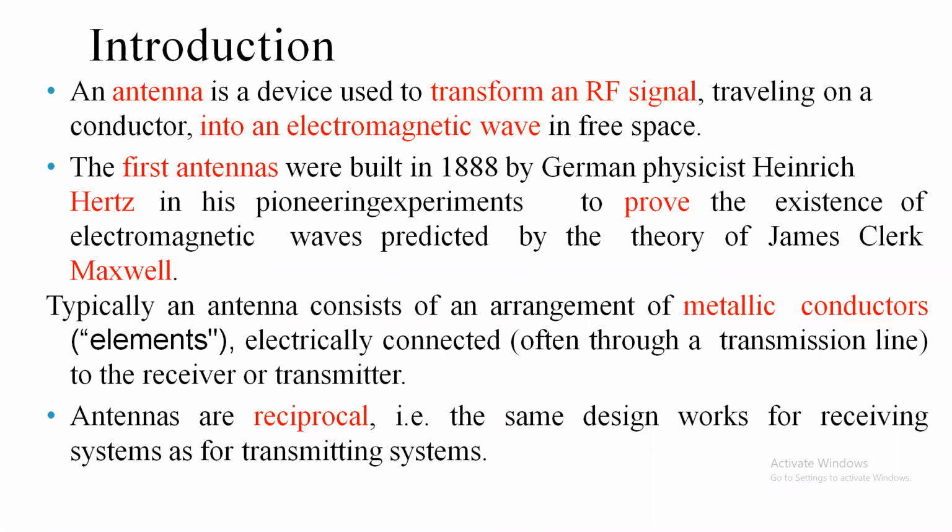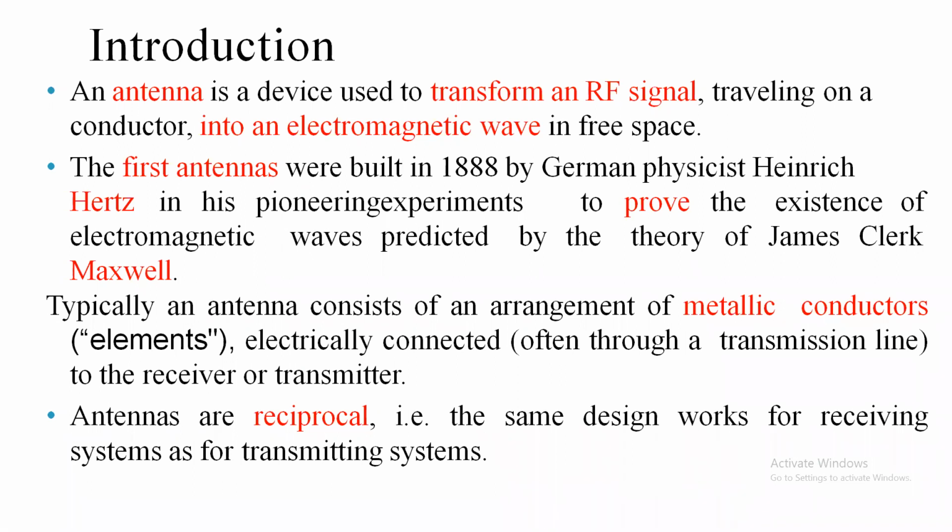An antenna is a device which is used to transform an RF signal, a radio frequency signal traveling through a conductor, into an electromagnetic wave in free space, right? That means the antenna transforms the RF signal into an electromagnetic wave, which is received by another antenna or a receiver.